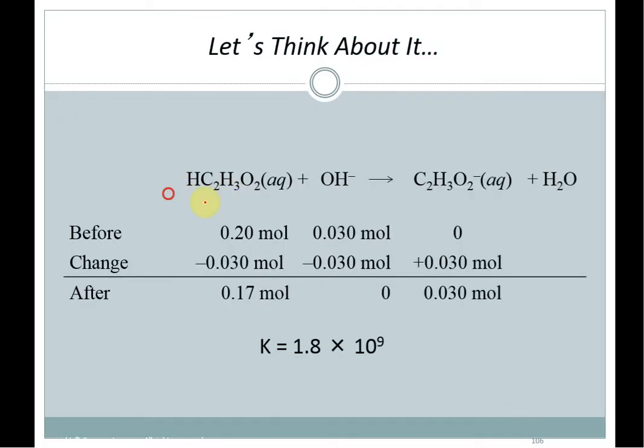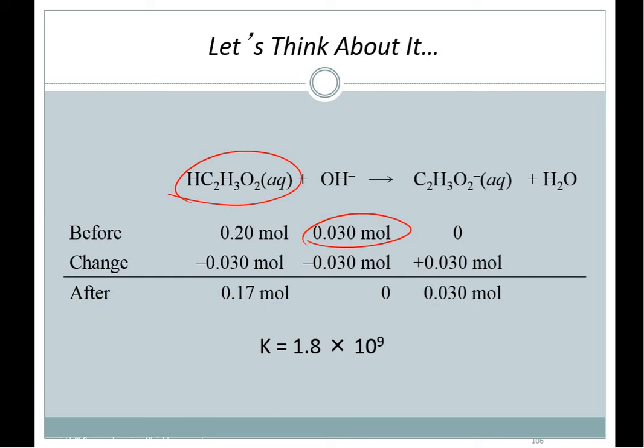So technically we started off with this amount of acid. We add in some amount of strong base, and we're going to have an overall starting material that is slightly different than what we might have originally thought.